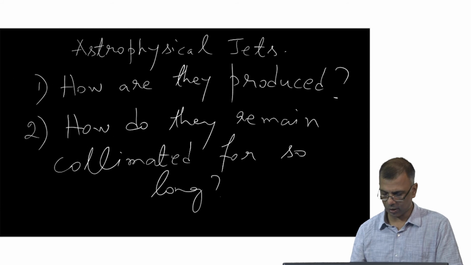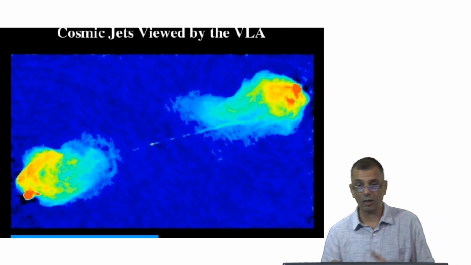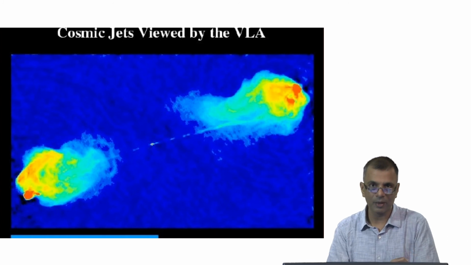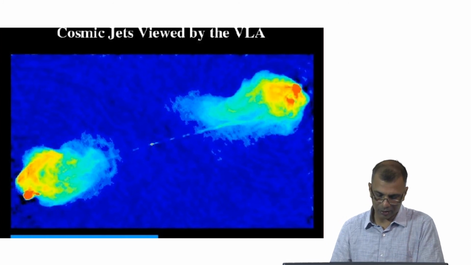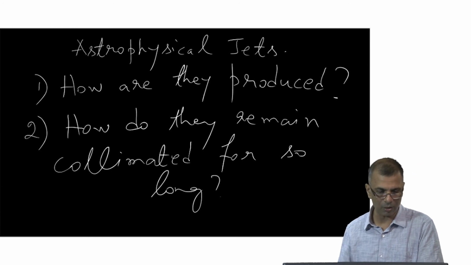And you can see that. This jet remains incredibly narrow and collimated over really long distances. How long? All the way to megaparsecs, right? So that's often the second question, and many other questions can be addressed.